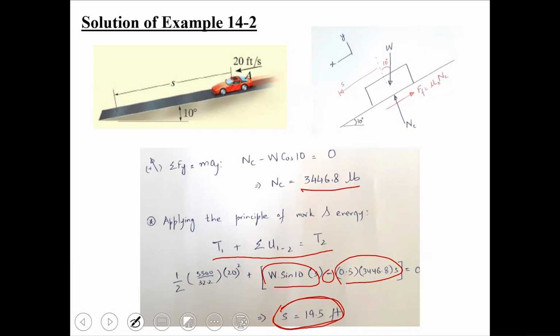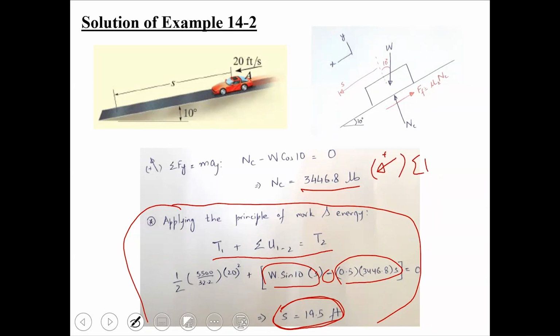Okay, let me ask you one question. What about instead of using this principle of work and energy, I'm going to use the equation of motion. Can I solve it using the equation of motion? Yes, sir. So equation of motion में apply करूंगा along the x-axis, y-axis के along तो already मैंने apply कर दी है.